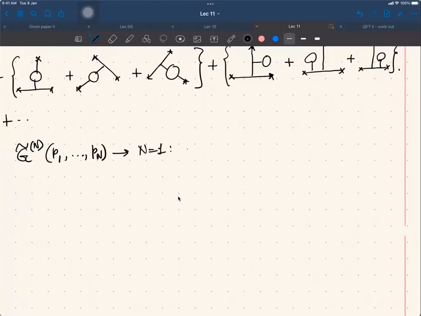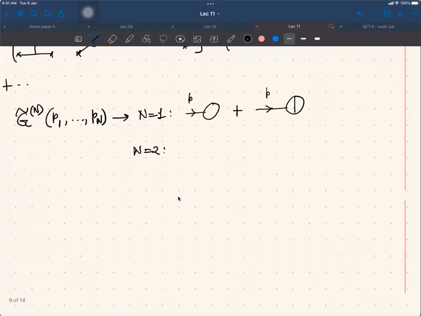So for n equal to 1, one would have this. There's only one momentum p which is coming in, the one external leg it has. Then for n equal to 2, it has two momenta, one coming in from this side and the other from that side. But these two momenta p1 and p2 are not independent, because p1 plus p2 equals 0 because of overall momentum conservation, and therefore there is essentially one momentum going like this.